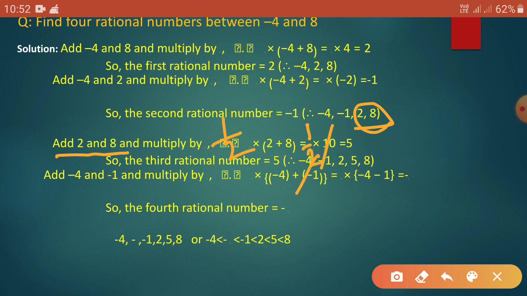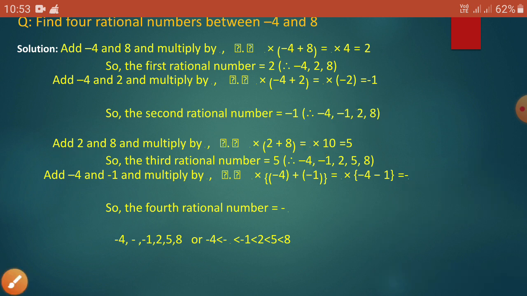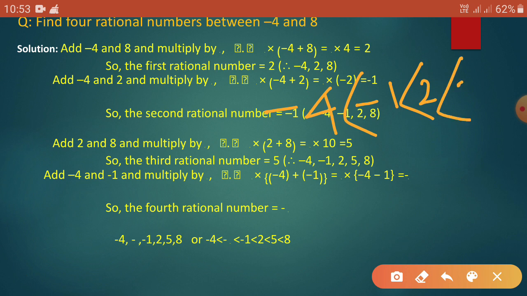So 5 lies between 2 and 8. So we are getting the rational numbers minus 4, then minus 1, then 2, then 5, then 8.